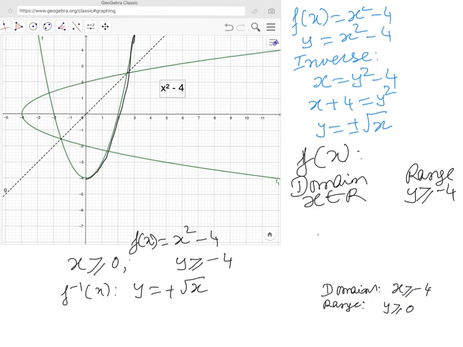So if I draw this graph here, it will be like this. This is how the graph will look for the inverse, so that the inverse of the quadratic function is a function.